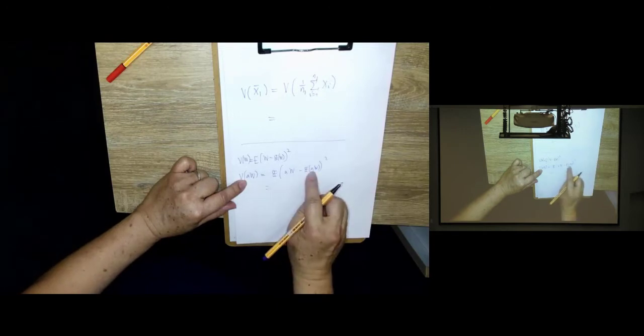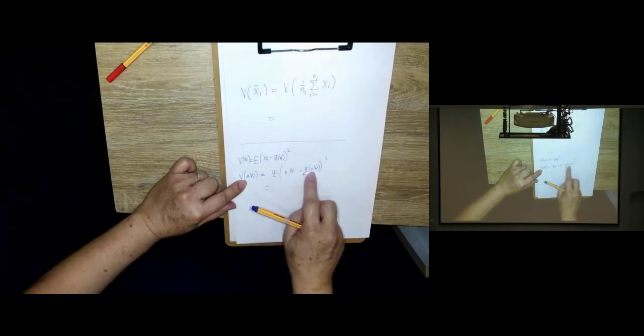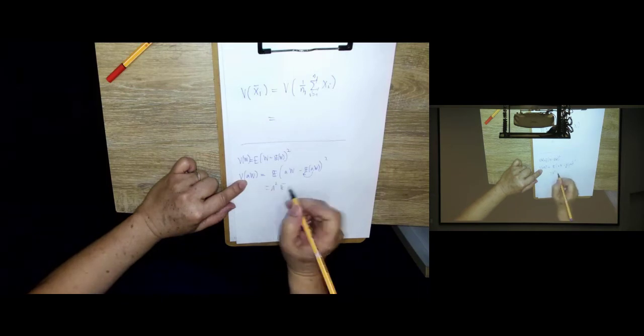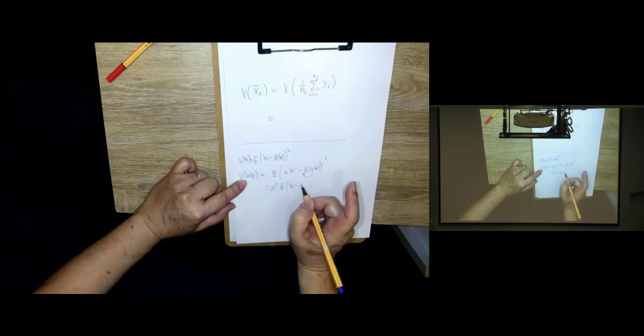And so the A can factor outside the expectation, and because it is under the square, when you pull it out I will have this.